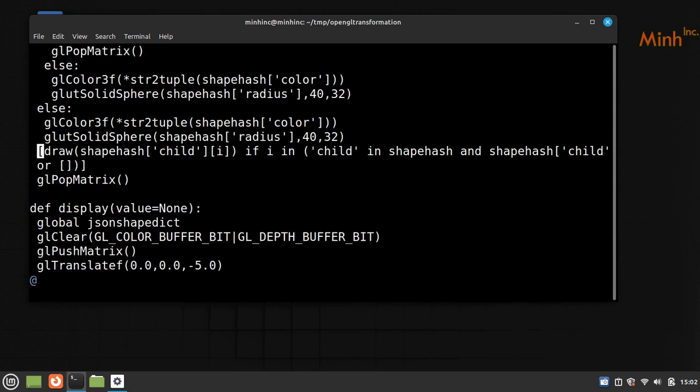Okay, it's not matching. So draw shape, if child in... okay. So I think it should match now.